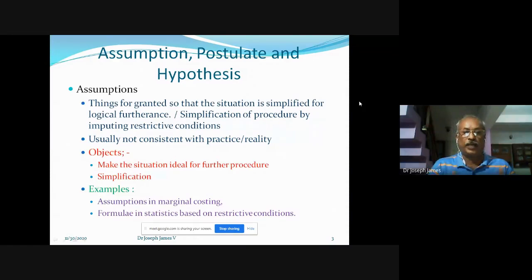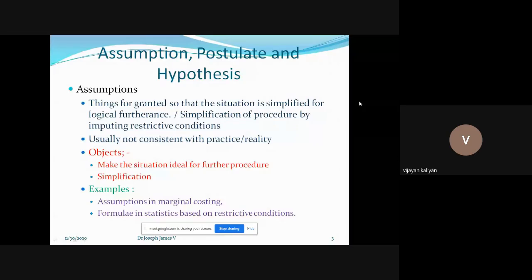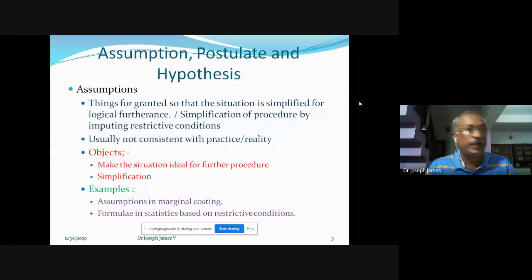Only one break-even point. Suppose that we don't make an assumption that the selling price remains the same. The selling price cannot remain the same actually in practice, because when we sell in bulk quantities, we have to sell at a reduced price, or we have to give some discounts.